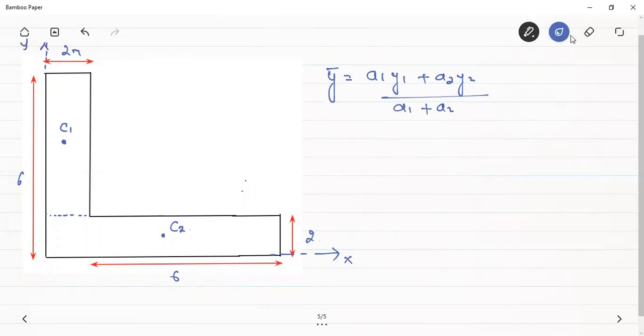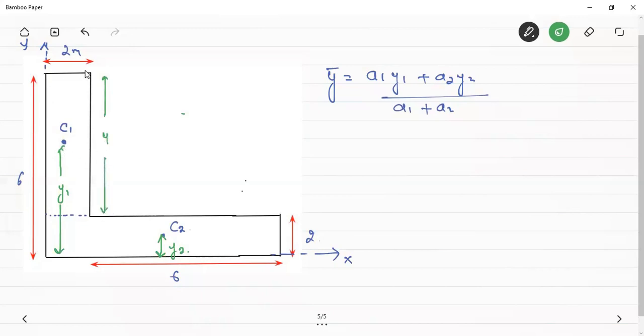coordinates. Okay, so we can see that y1 will be in this figure equal to this distance, and this distance is equal to y2. So let's see what is y1. You can see that this distance is equal to 4.